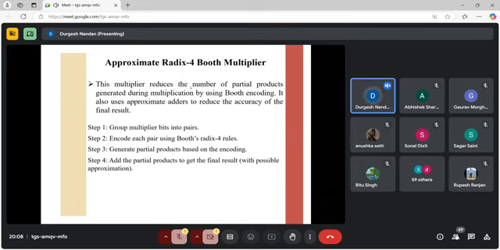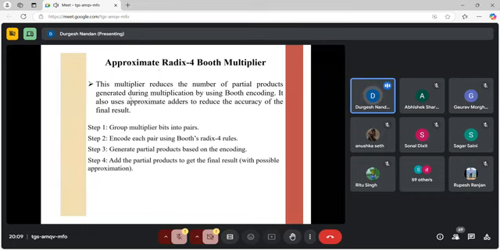One popular approach is the approximate radix 4 Booth multiplier. In that, we reduce the number of partial products generated during the multiplication by using Booth encoding. It also uses an approximate adder to reduce the accuracy of the final result.